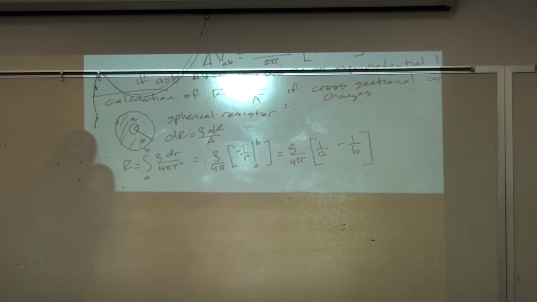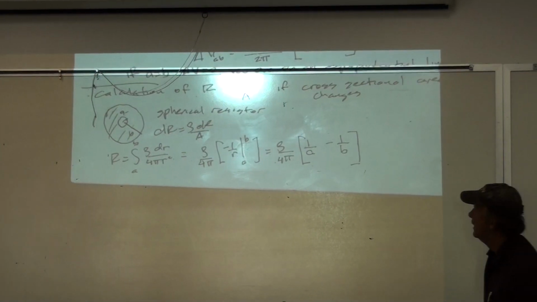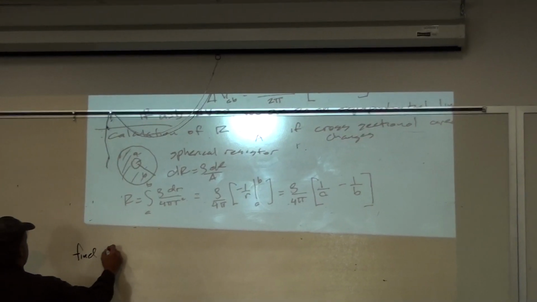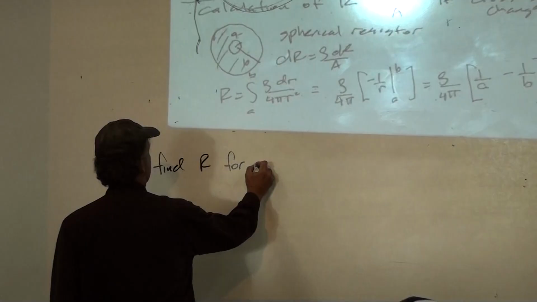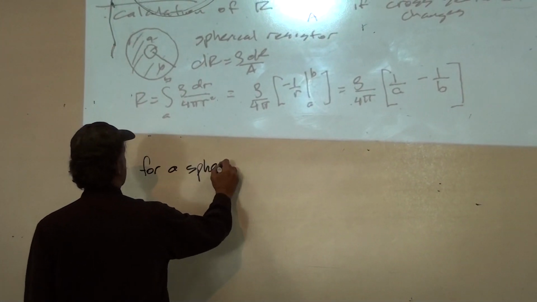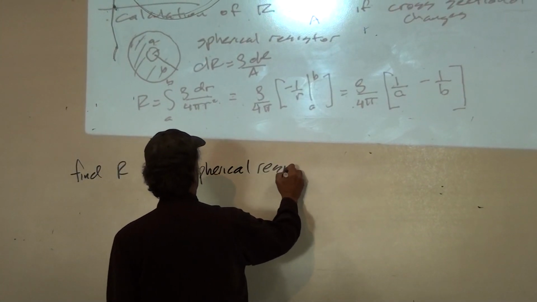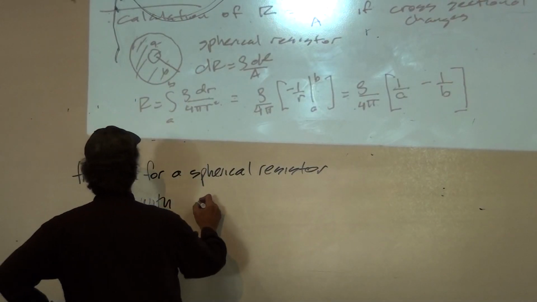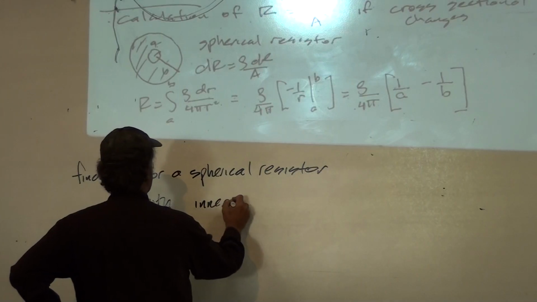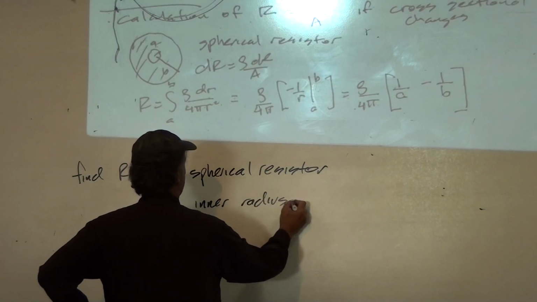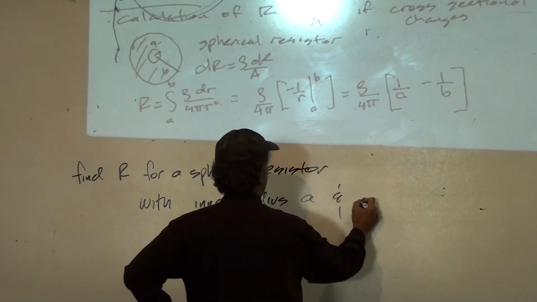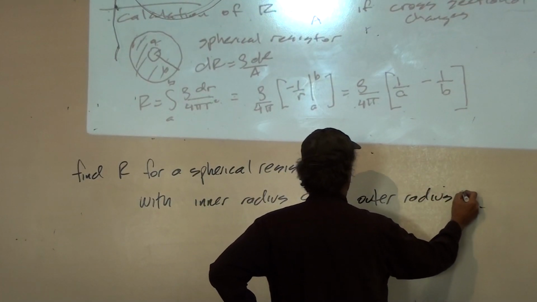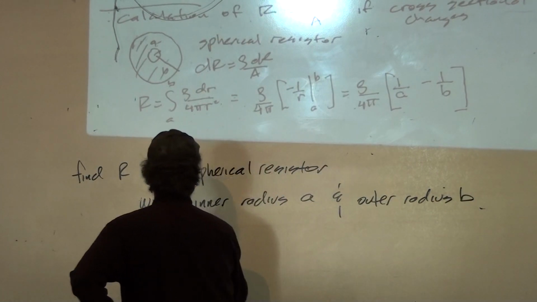For a spherical resistor, let's say that we want to find the resistance for a spherical resistor with inner radius A and outer radius B, and conductivity rho.